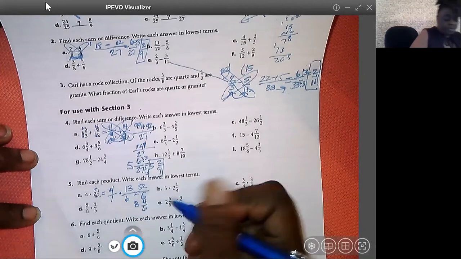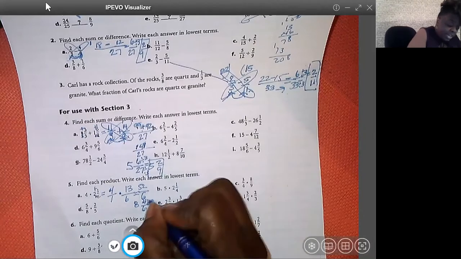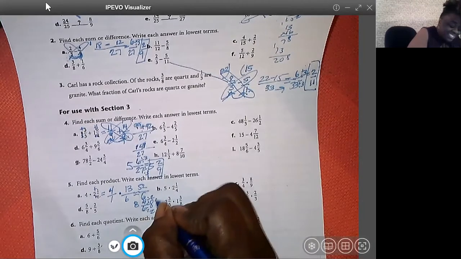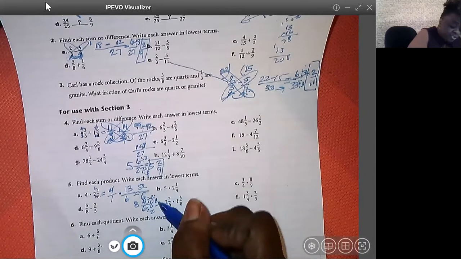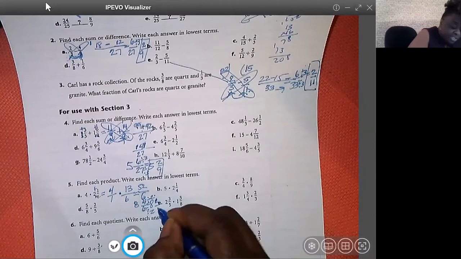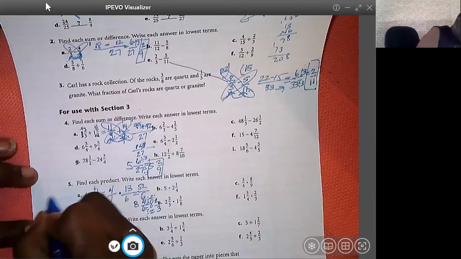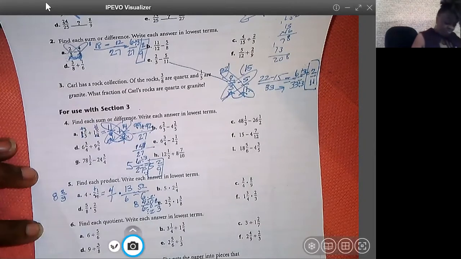Keep your denominator. You have 8. Simplify this as well. So 4 divided by 2 gives you 2, 6 divided by 2 gives you 3. So it gives you an answer of 8 2/3 for A.